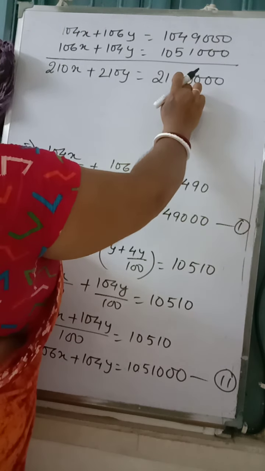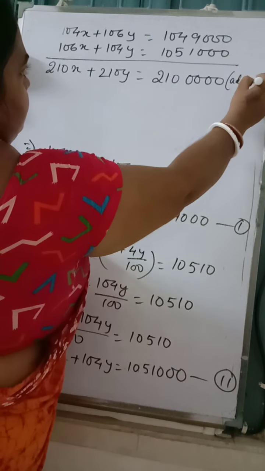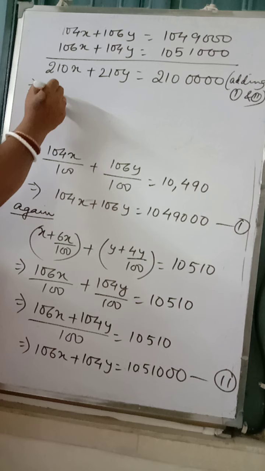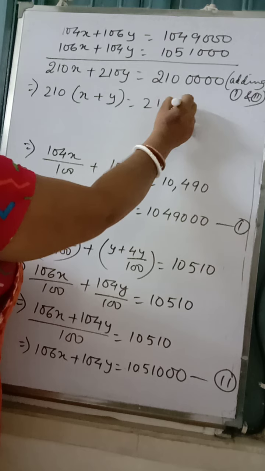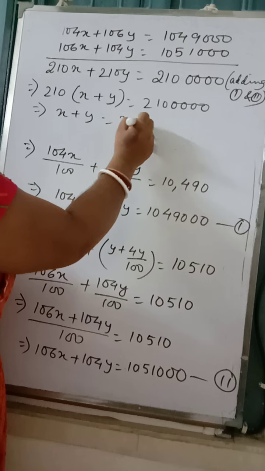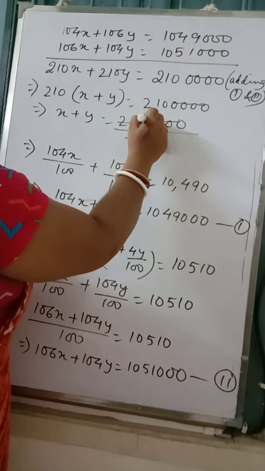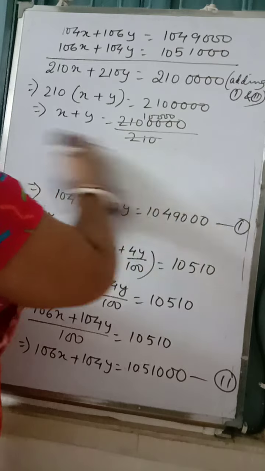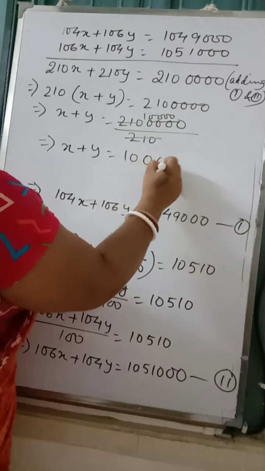Adding 1 and 2, or I can take 210 common, X plus Y is equal to 210, then 4 zeros, or X plus Y is equal to 210, then 4 zeros by 210. Now I can cancel it 10,000 times, or we get X plus Y is equal to 10,000.